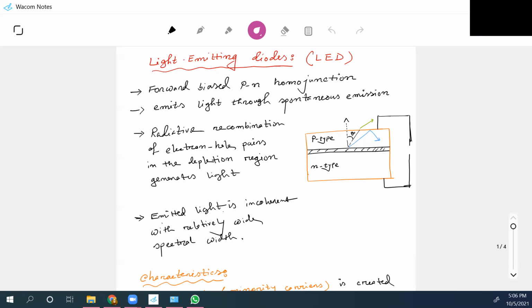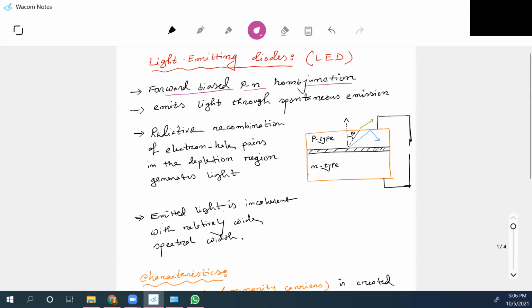So what are the principles of the LEDs? It's forward biasing of a PN homo junction. LED uses a forward bias of a PN homo junction.